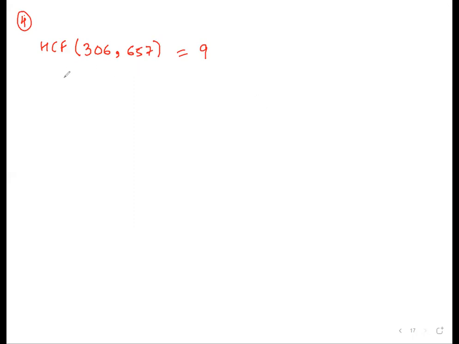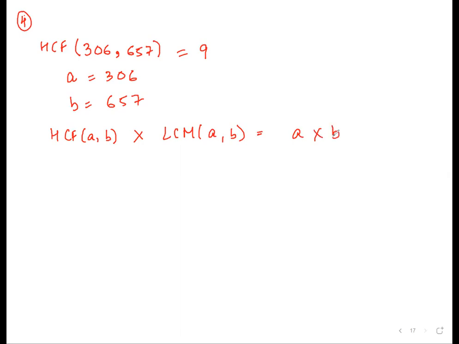Basically your number A is 306 and B is 657. We have seen the relationship that HCF of any two numbers A and B multiplied by LCM of A and B is equal to the product of the two numbers. Basically we have to find LCM. So from here, the LCM of the numbers A and B will become A into B divided by HCF.